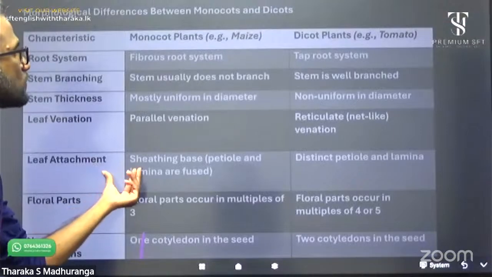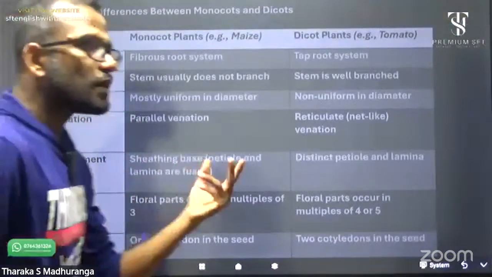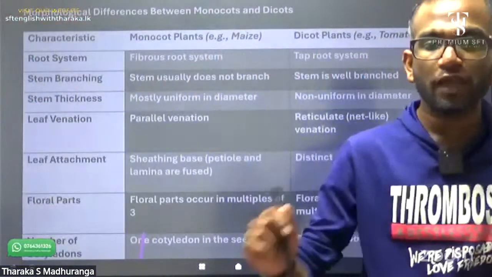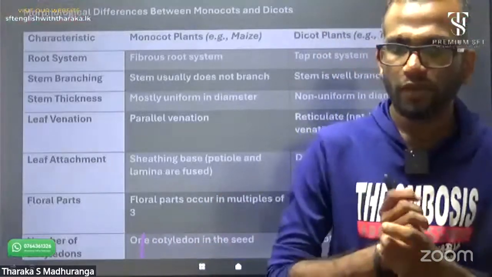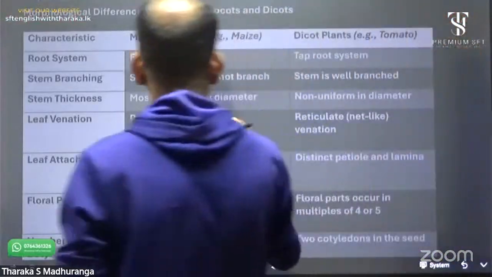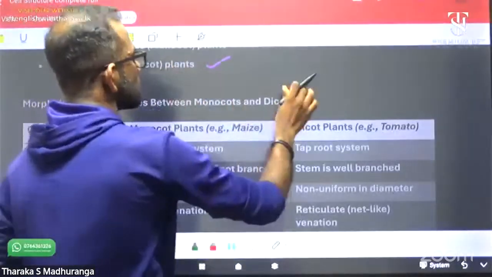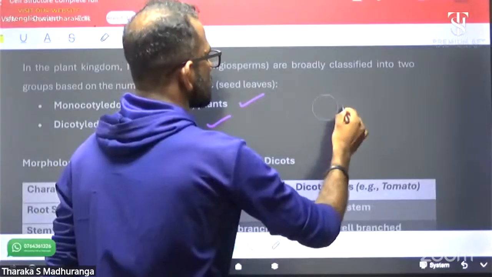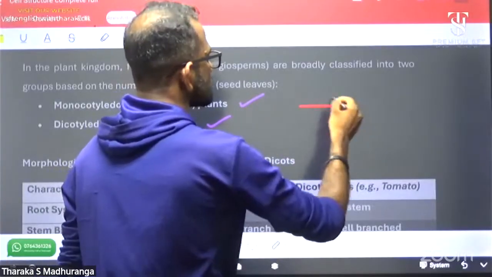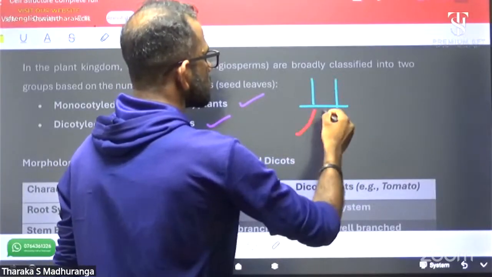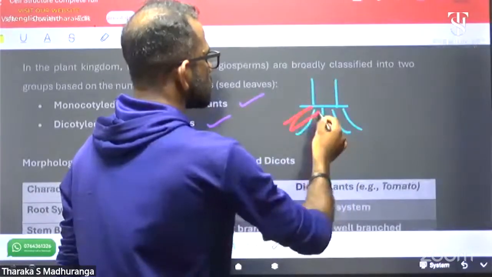If you look at the root system, monocotyledon plants like coconut have a fibrous root system, like this. This is the stem, with a fibrous root system like this.